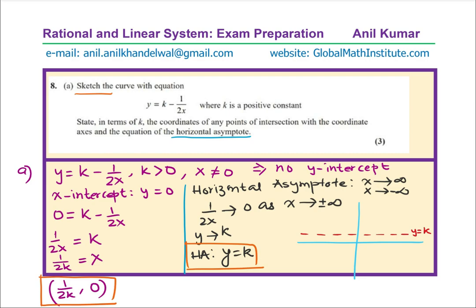And therefore, we expect the graph to look kind of like this, where clearly the x-intercept, which we just found, will be 1 over 2k. You get the idea. So that is how we could sketch the graph.